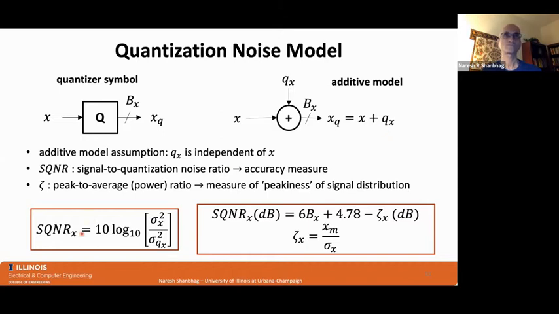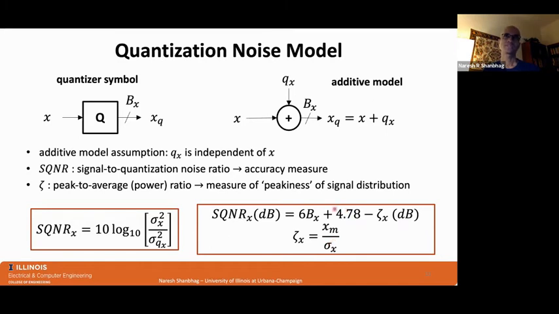That is SQNR. And it is possible to show, there's a very fundamental equation, many of you may already know this, that in dB, the signal to quantization noise ratio of one floating point signal is given by 6 times Bx plus 4.78 minus the peak to average ratio of that signal X. The peak to average ratio is simply the ratio of the peak value to the standard deviation of X. Average doesn't mean the mean of X, it's really the peak to average power ratio, so we just write it as the peak divided by the standard deviation.